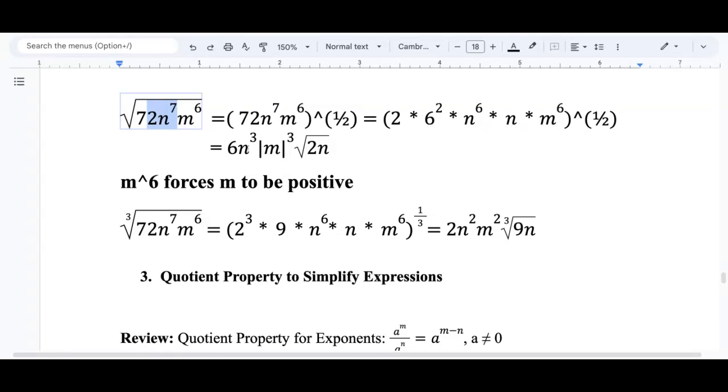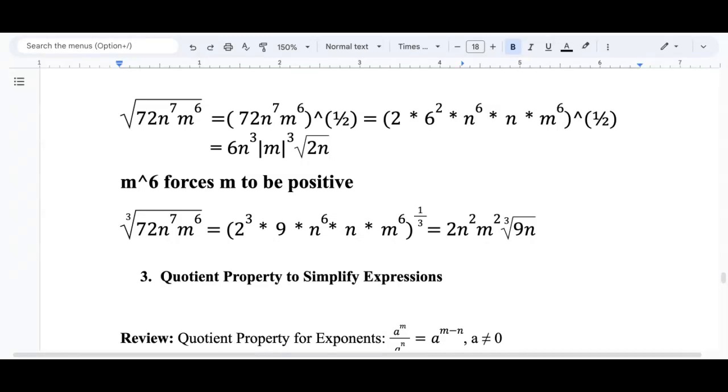Right? m raised by 6, 6 divided by 2, that's 3. But the m, we have to put absolute value around it. Then inside, under the square root, 2 hasn't come out, n hasn't come out. So that's it, we got 6n cubed, absolute value of m cubed, square root of 2n.